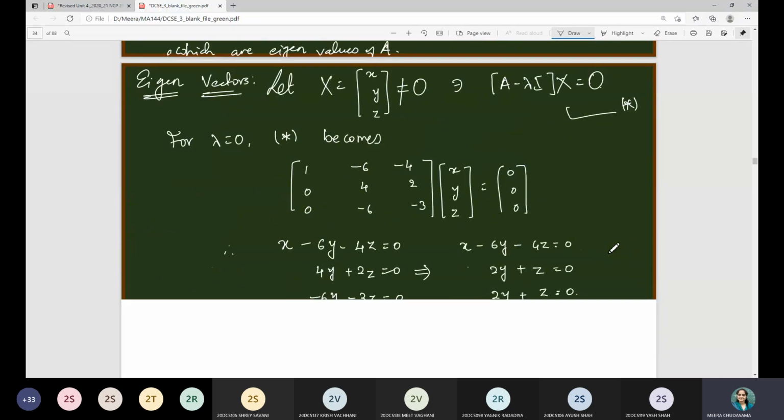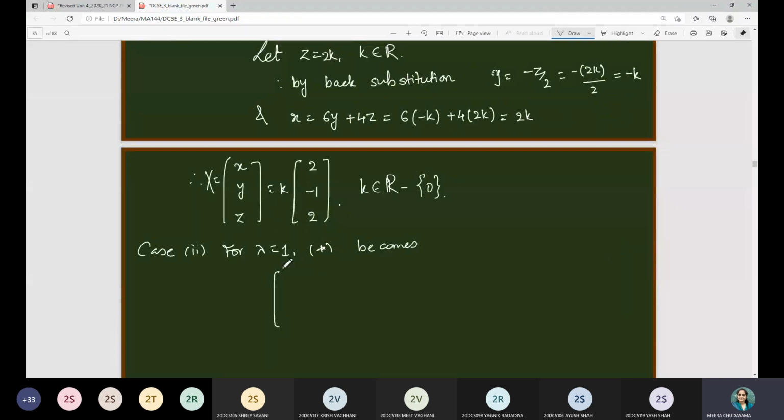So let me write these entries now. Here it is 0, minus 6, minus 4 will remain as it is, then 0, 4 minus 3 is 1, 3, 2, and this is 0, minus 6 as it is, and then the last entry is minus 3 minus 1, so this is minus 4, times x, y and z is equal to 0, 0, 0.